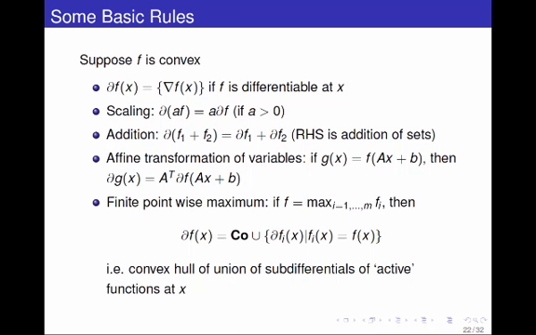Then the subgradient at a certain point x is: go compute the subgradient of every fi, and take the convex closure of the subgradients that are active at that x. So find those fi's for which f is equal to that fi. Then the subdifferential is the convex closure of the active fi's.